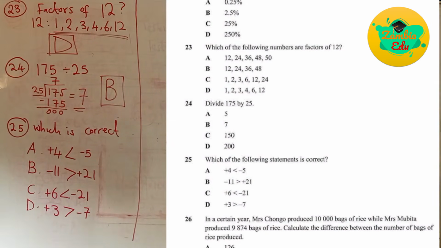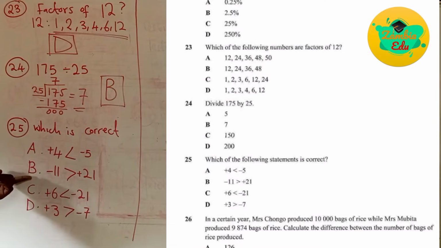We go to question 25. Question number 25 says, which of the following statements is correct? Statement A, positive 4 is less than negative 5. True or false? False.